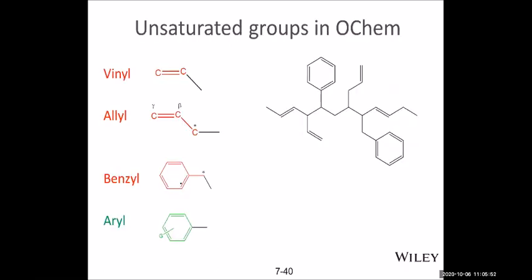The first is the substrate and leaving group. When we talk about the substrate, the SN1 reaction can benefit from the stability of a carbocation. To make the carbocation more stable, in organic chemistry we have 3 different kinds of groups that we need to be aware of. The first one is vinyl.